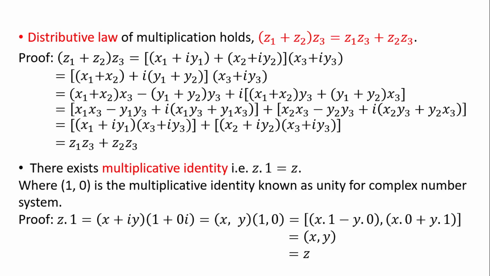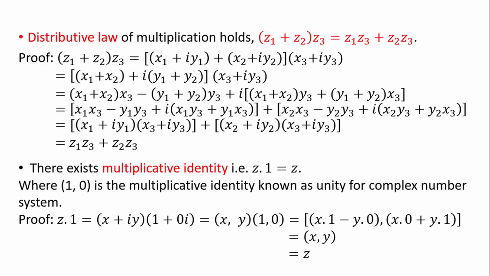Now let us do the product, that is x1 plus x2 multiplied by x3 minus y1 plus y2 multiplied by y3. Here again we have substituted i square as equal to minus 1, and in the remaining two terms we have i as common, and the terms x1 plus x2 into y3 plus y1 plus y2 into x3.